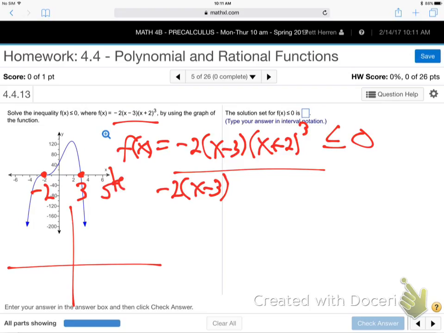So step 1, we can clearly see, is set it equal to 0, right? Even though it originally is greater than or less than or whatever it is, you need to first find where it equals 0. Because where it equals 0 is the dots on the x-axis, huh? Those are crucial spots. That's where it changes from being below to being above.